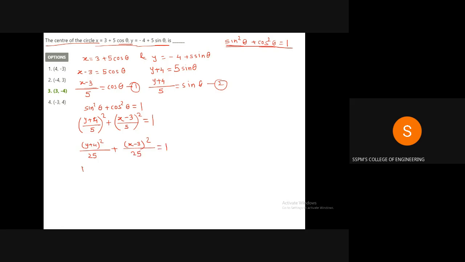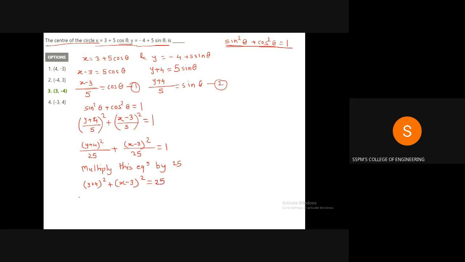Now we multiply this whole equation by 25. We have y plus 4 bracket square plus x minus 3 bracket square is equal to 1 into 25, that is 25.